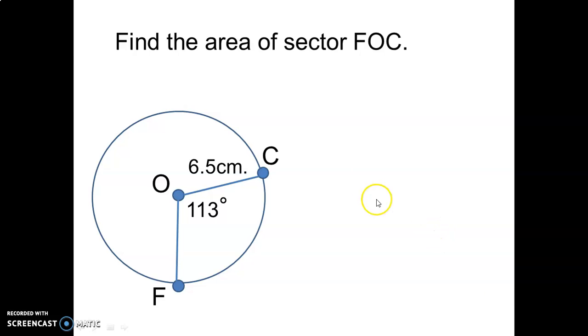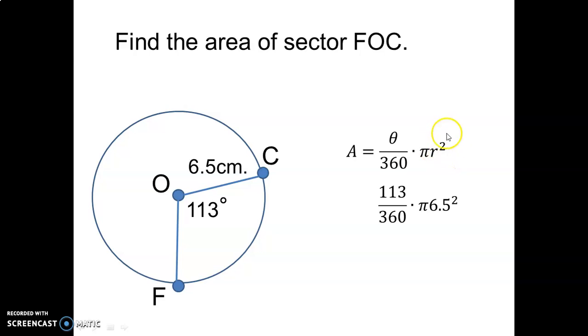Let's try this one. Try to find the area of sector FOC. Okay, using the same logic that we used for arc length, we can say what portion of 360 do we have? Well, we have 113 out of 360, and we multiply that by not the circumference 2 pi r, but by the area of a circle, because we have a portion of the area when we're talking about sectors.